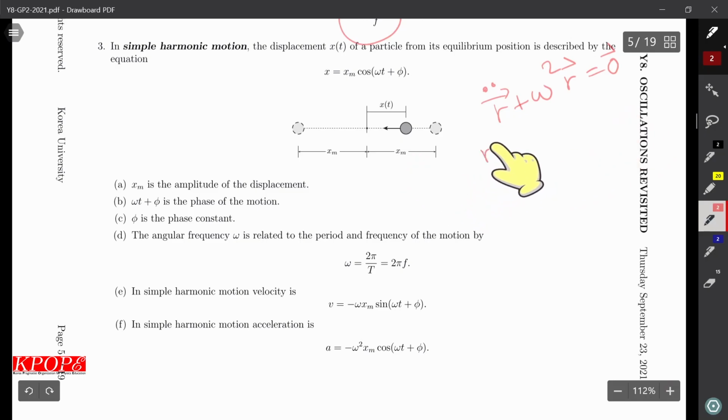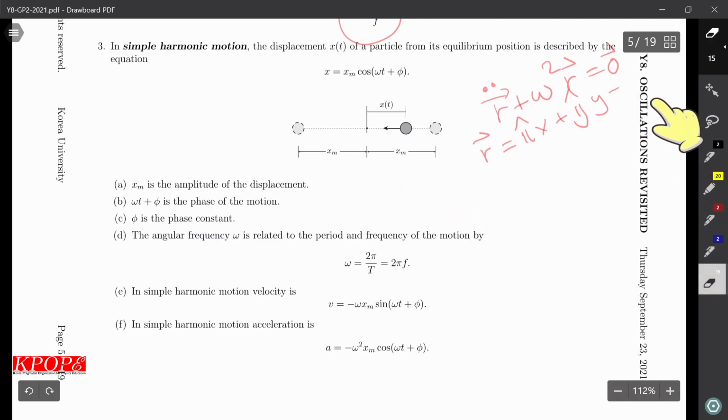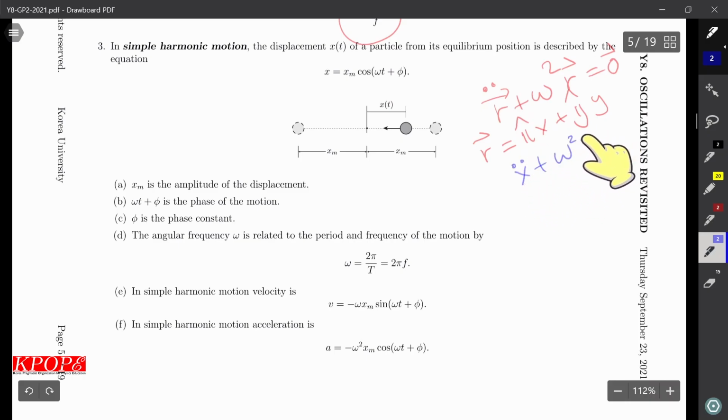For example, R is i hat x plus j hat y. Therefore, each component satisfies the same equation. The solution to this simple harmonic oscillator is this one.